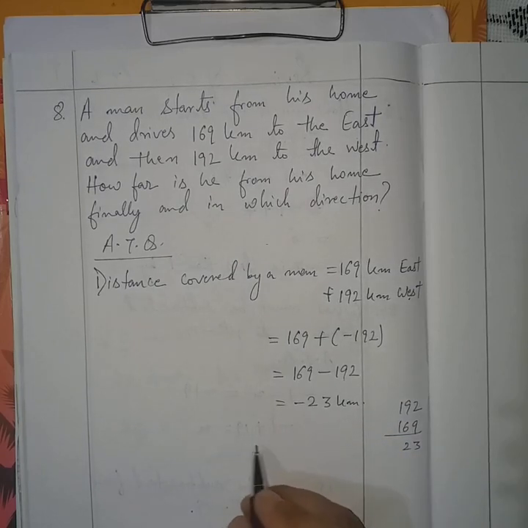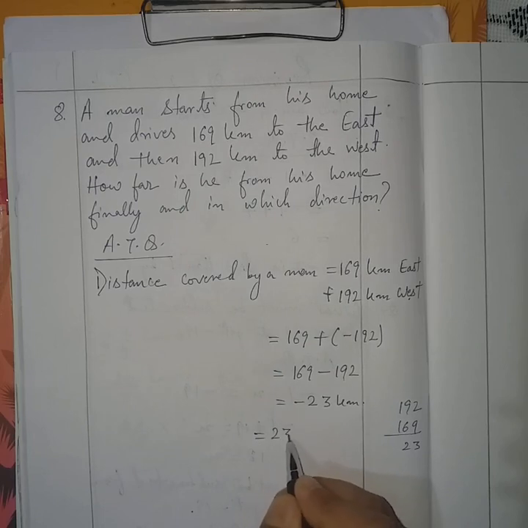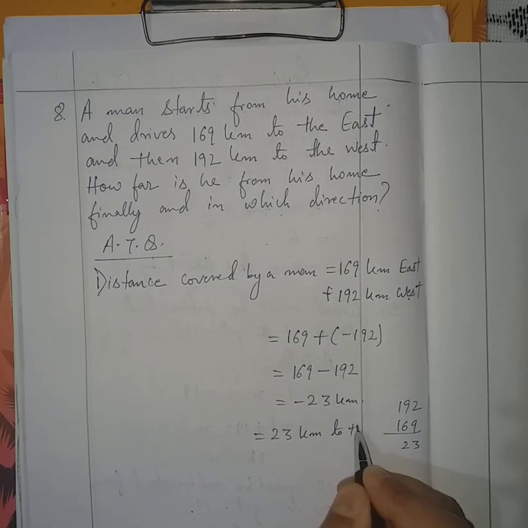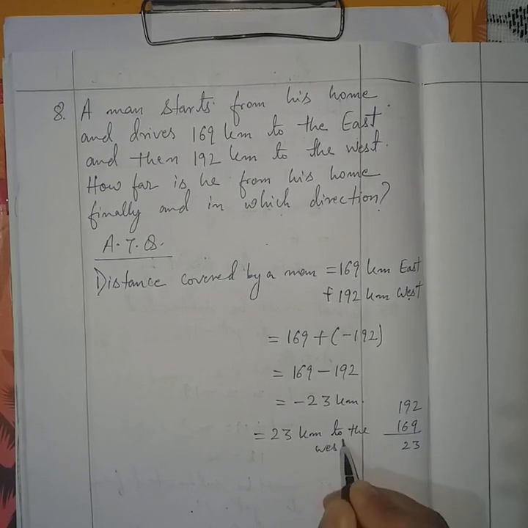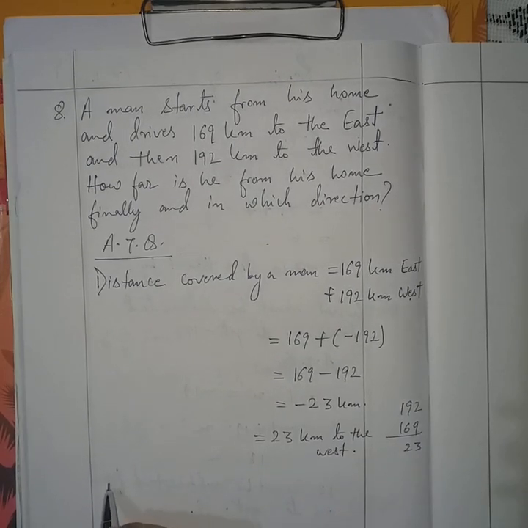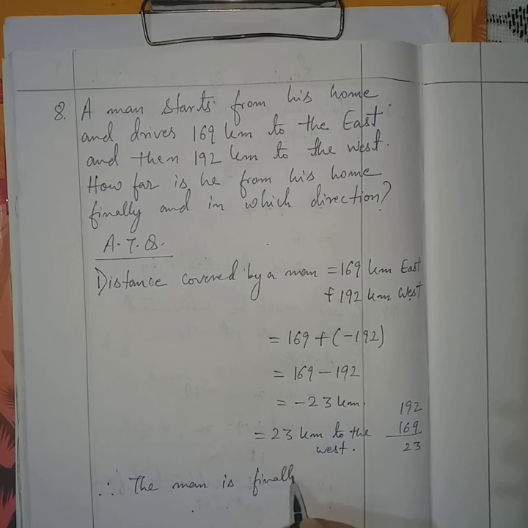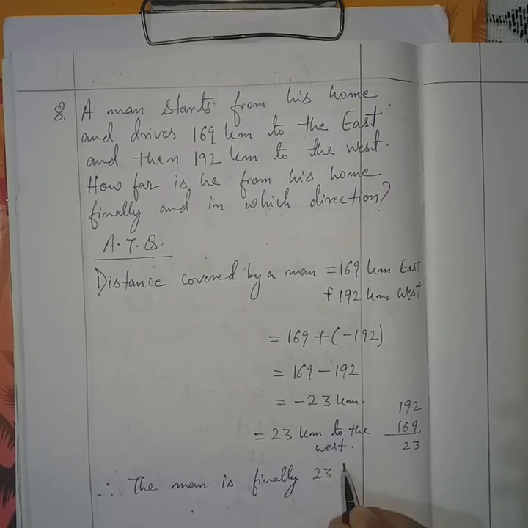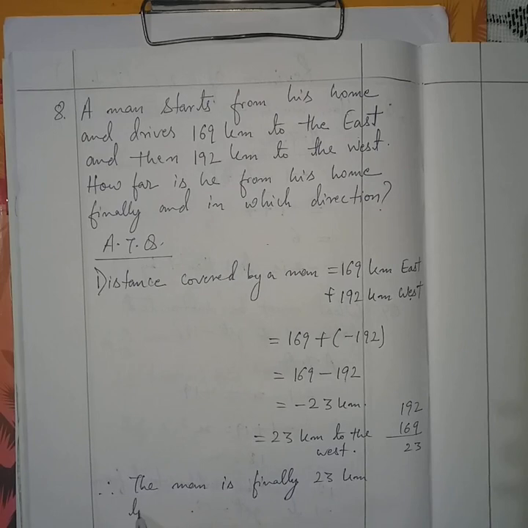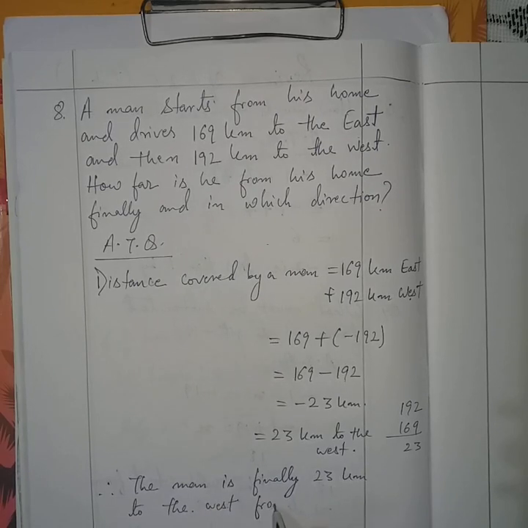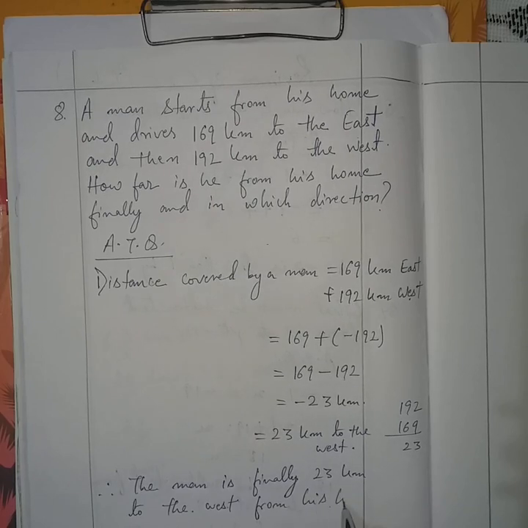So minus indicates west, so therefore the man is 23 kilometer to the west. Yes or no? Therefore we can write the man is finally 23 kilometer to the west from his home.